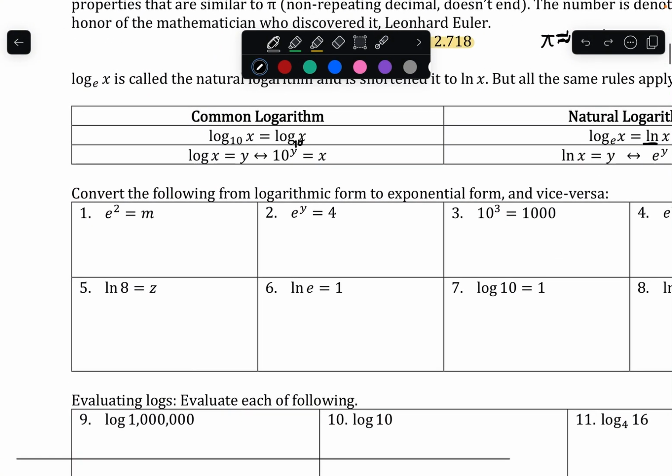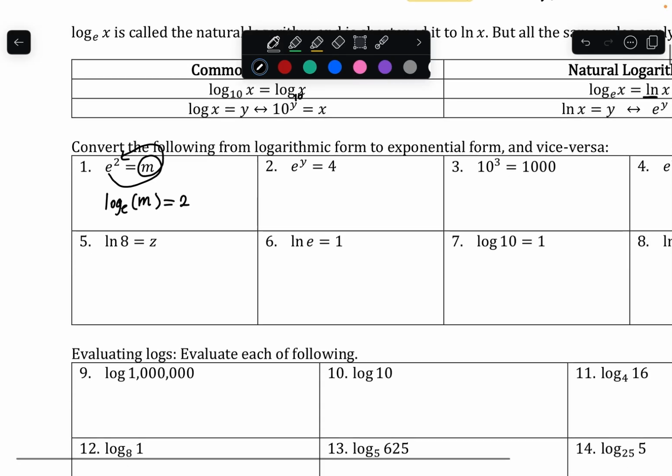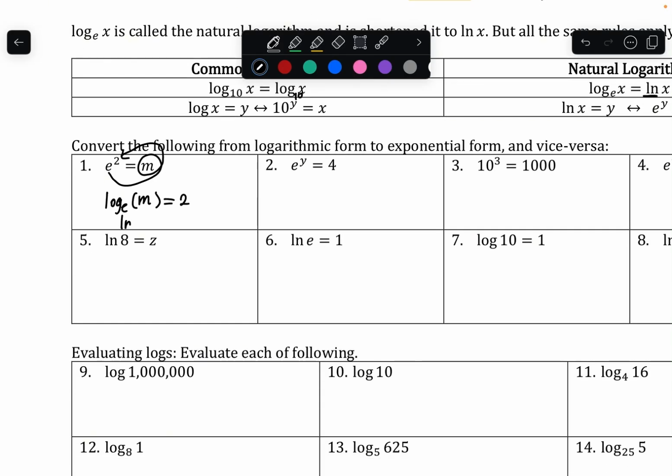Okay, so for this next example, if we're converting to log, we have log base e of m equals 2. And anytime you're tempted to write log base e, you write ln instead for your final answer.